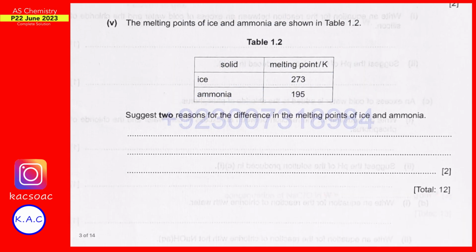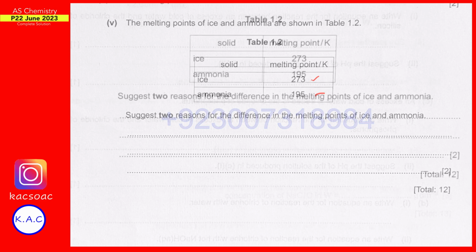The next one. The melting points of ice and ammonia are shown in Table 1.2. Both have the melting points over here. Suggest two reasons for the difference in the melting points of ice and ammonia.